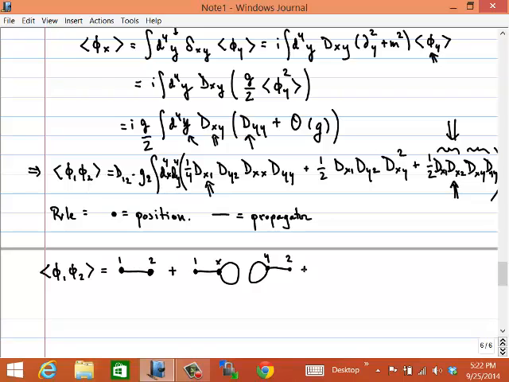And then this next term, we have a propagator that connects 1 to x, and another propagator that connects 2 to y, and we have two propagators that connect x and y.